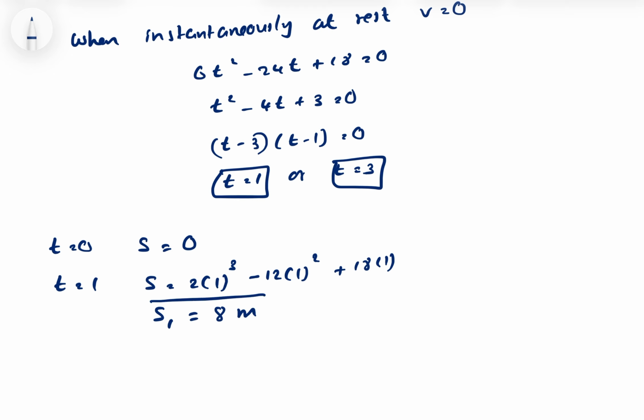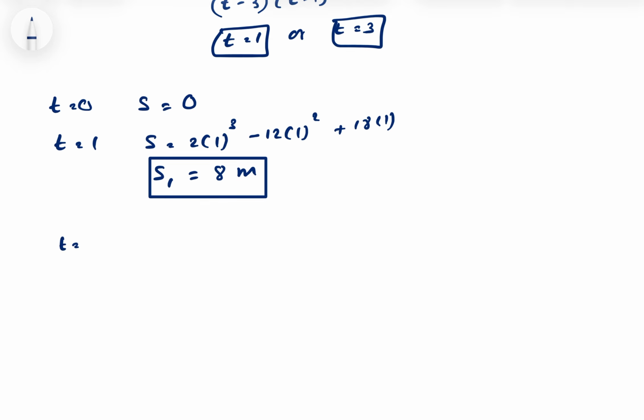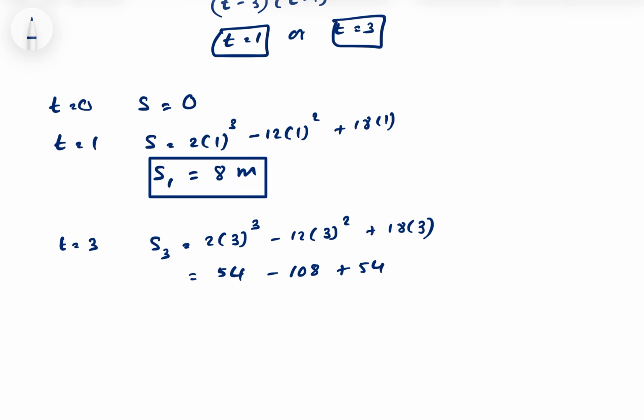So at t equals 1, the particle is 8 meters away from the point O. Also, when t equals 3, s3 equals 2 times 3 cubed minus 12 times 3 squared plus 18 times 3. That is 54 minus 108 plus 54, which will be 0. So at t equals 3, the particle has come back to the starting point.